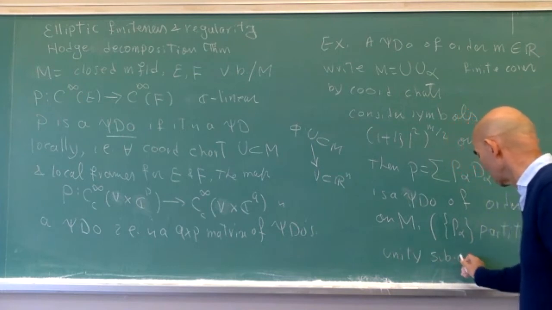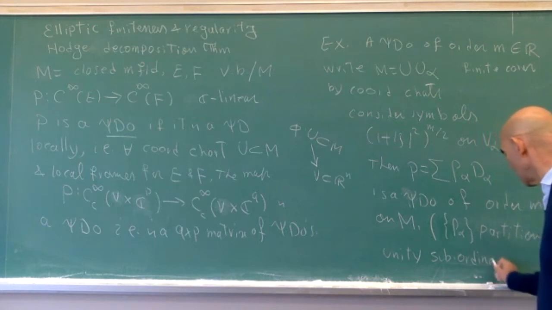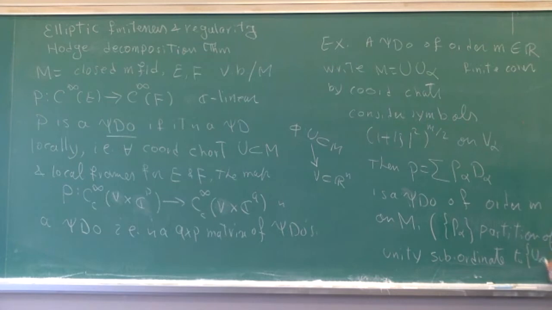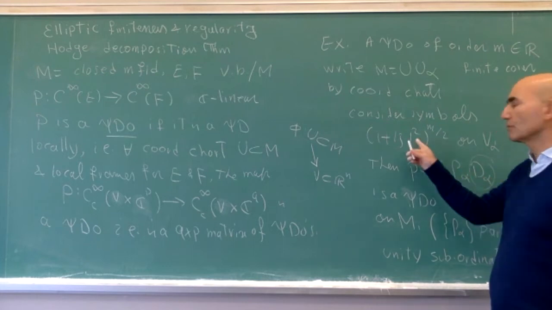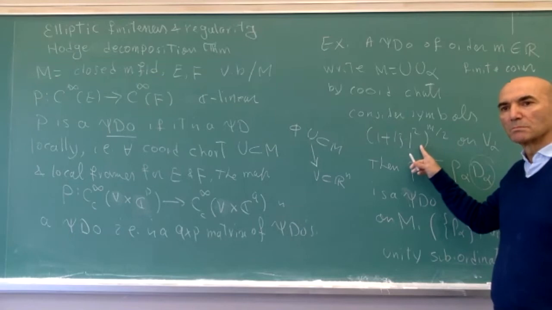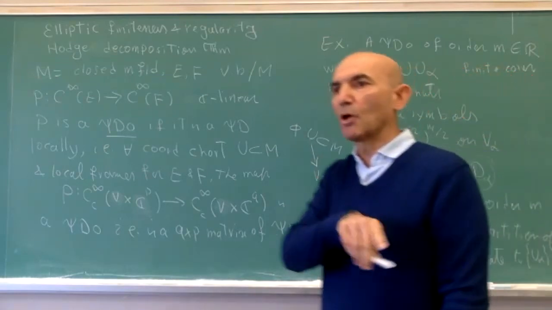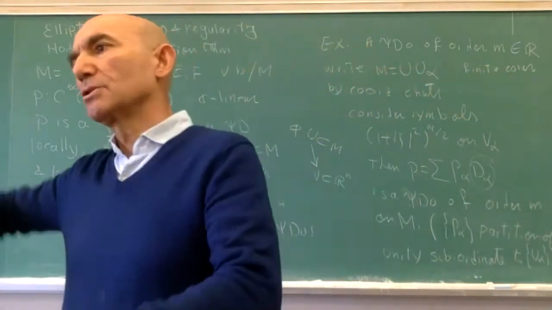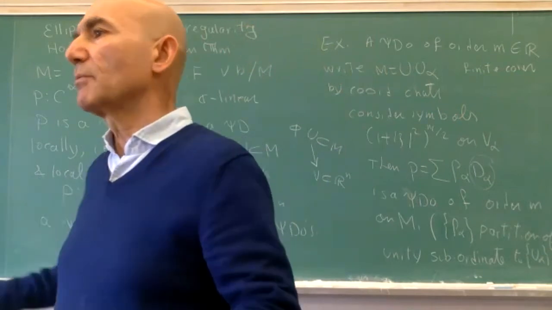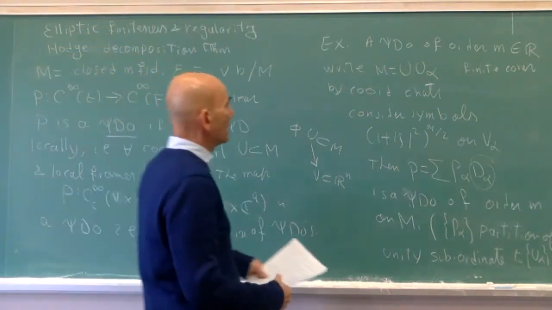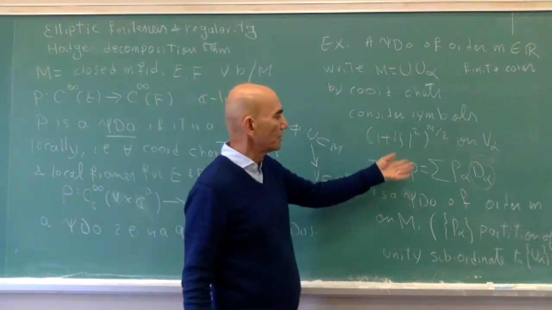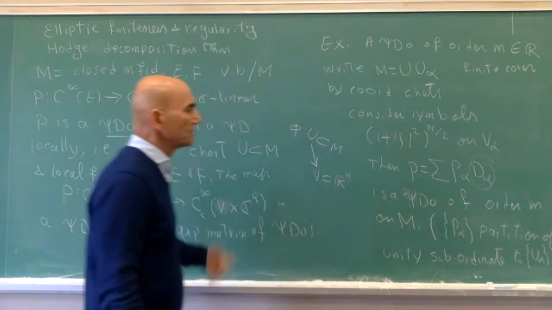And what is this P alpha? It is the pseudo-differential operator with this symbol. Because using Fourier transform on Rn, we can write this on each V alpha open set in Rn, and then we patch them together to define it. So this sort of pseudo you can do by partition of unity and local definitions, and it works.